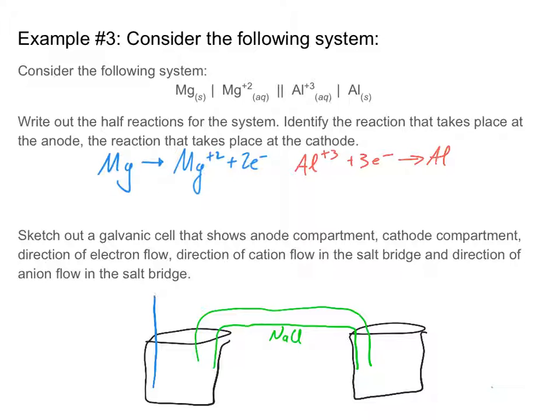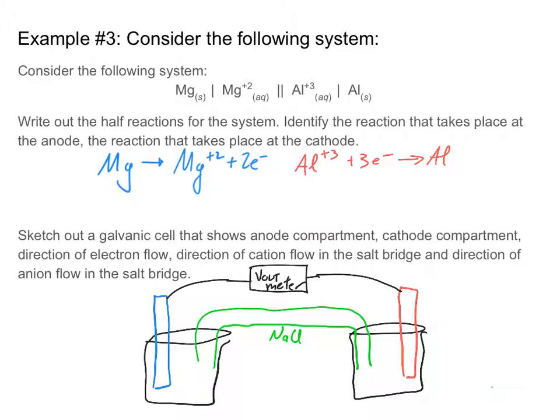So on this side, I'm going to draw an anode, and I'm going to need a cathode. And on this side, I'm going to draw a cathode. And then I'm going to connect them with a wire, so here to here, and I'm going to throw a voltmeter in there. Because why not?